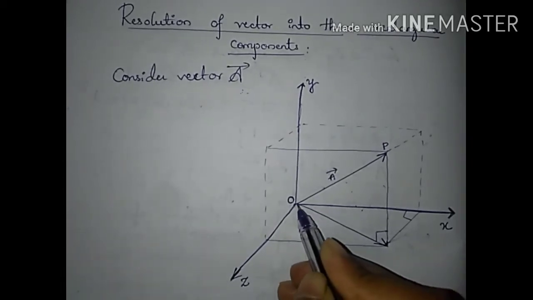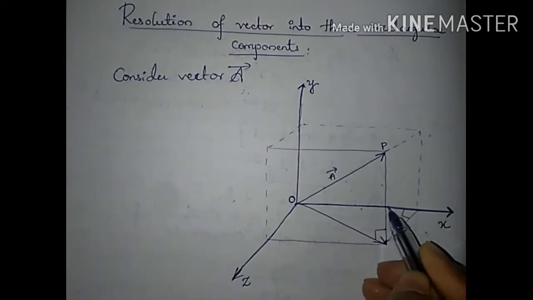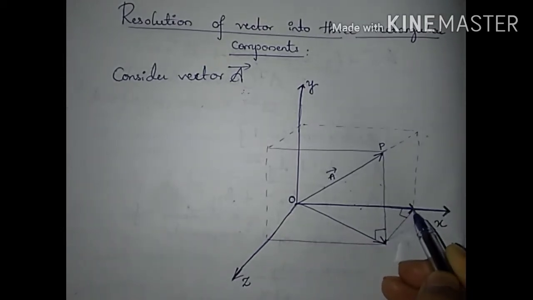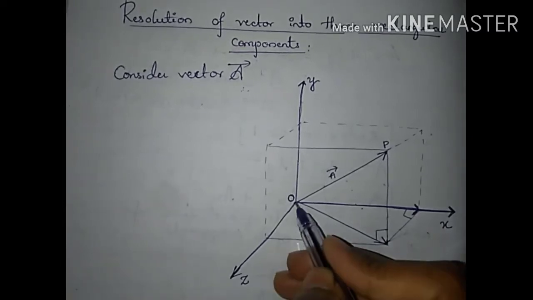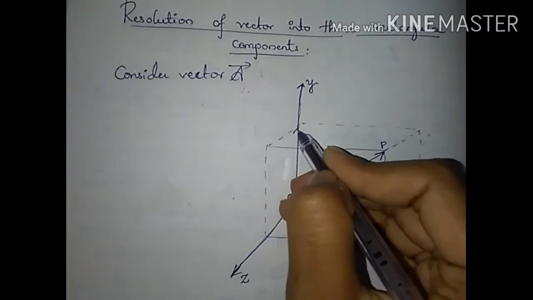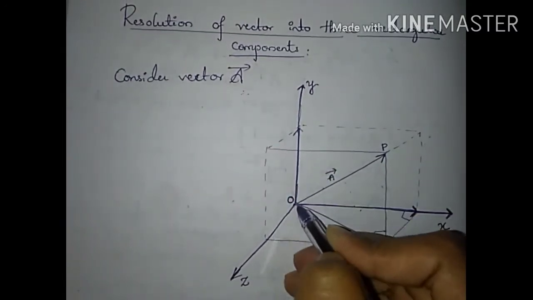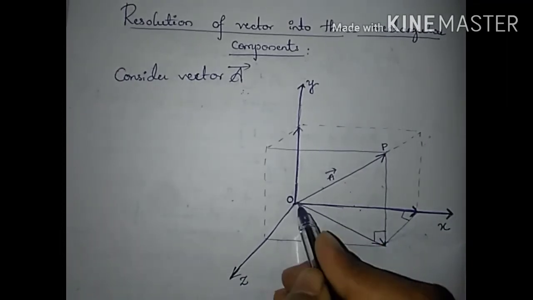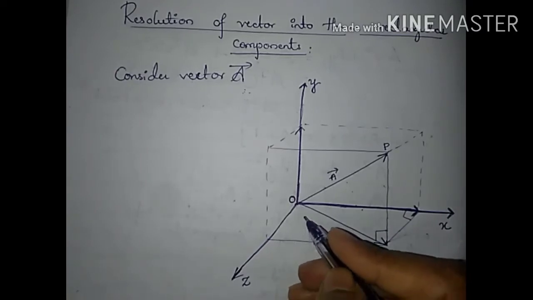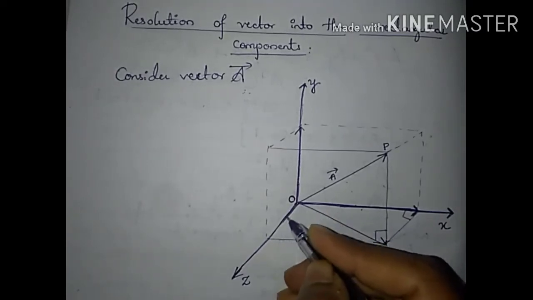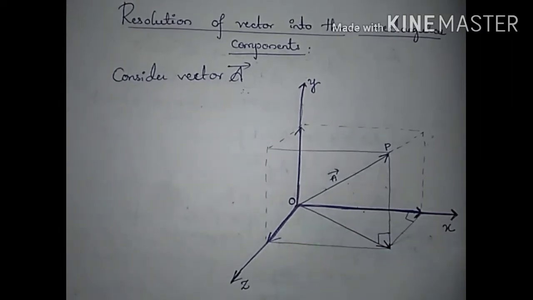Then this vector from here to here will form the component of A along the x-axis, from here to here that will be the component of A along y-axis, and from here to here this will be the component of A along z-axis.